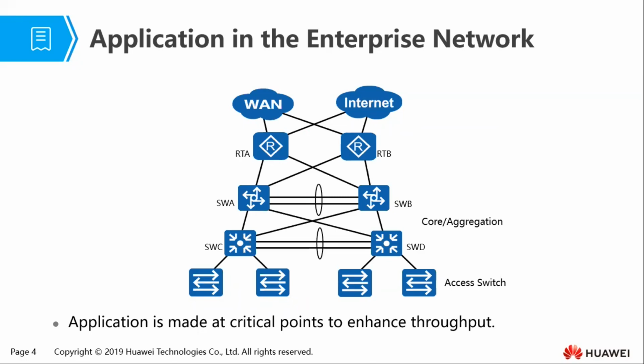And generally, we do this at the core and aggregation layer because this is where all the data will congregate before they go to the internet. So where traffic from all parts of the enterprise network congregates, that is where it's actually ripe to do link aggregation. So we may not do link aggregation at the access layer switches, because access layer provides connectivity to the end devices or hosts. So most of the time we only do it at the core and at the aggregation layer.